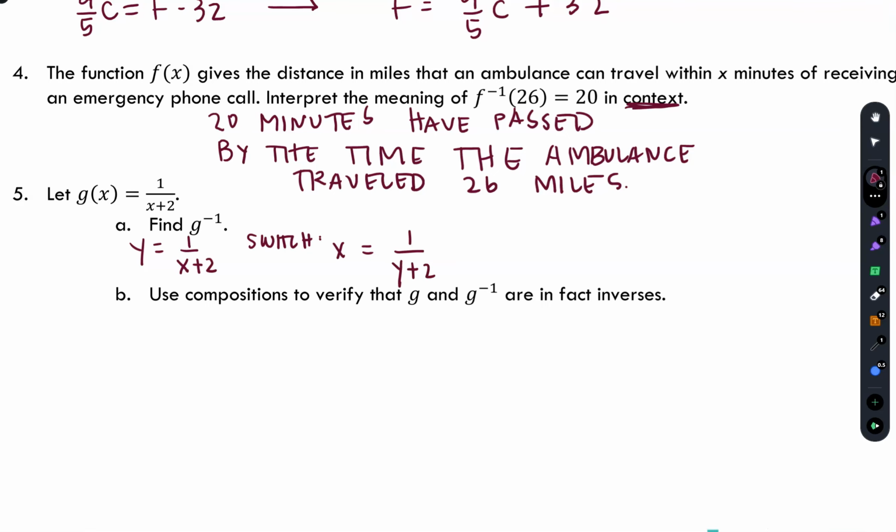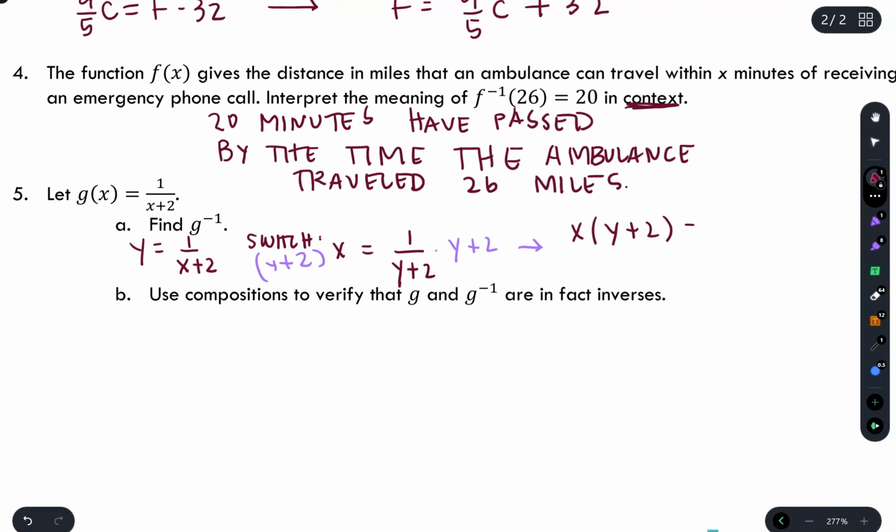So now what do I want to solve for? So now I want to solve for y. So how do I get y out of that denominator there? So I'm going to multiply by that y plus 2, yes? Good. So I'm going to have x times y plus 2 is going to be equal to what?